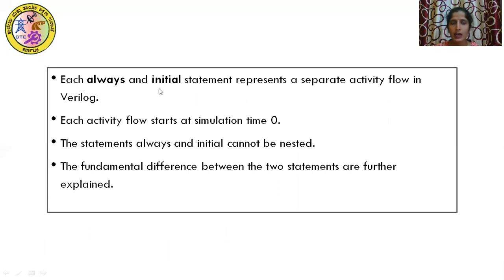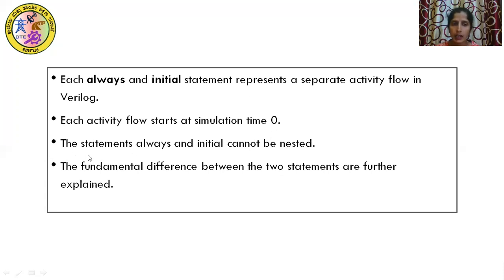Each always and initial statement represents a separate activity flow in Verilog. Each activity flow starts at simulation time 0 for both always and initial constructs.